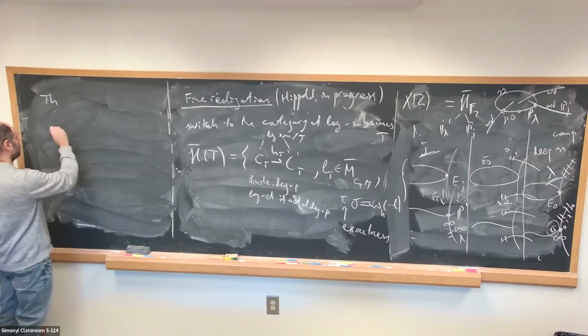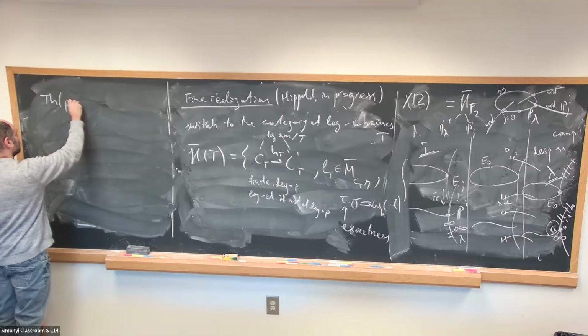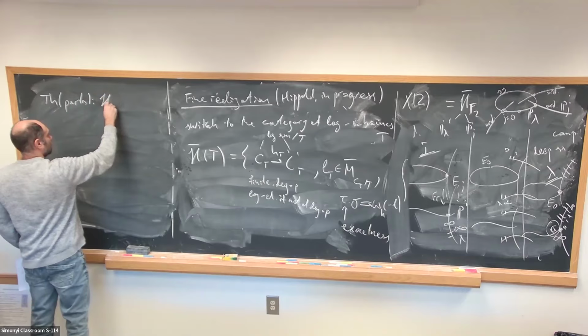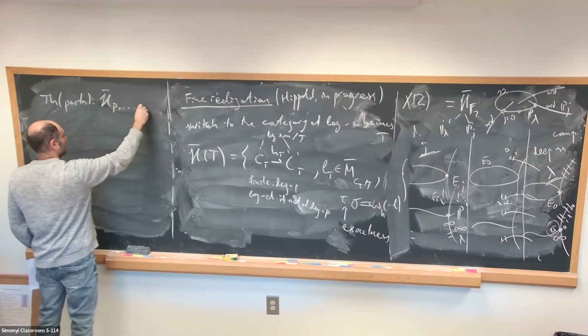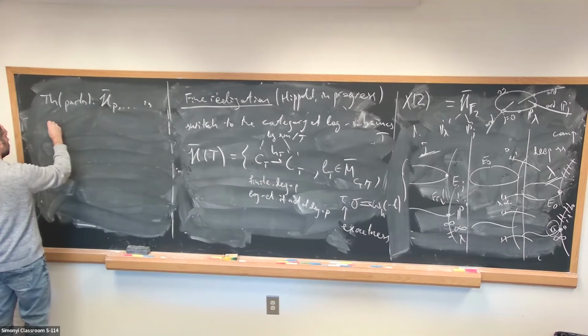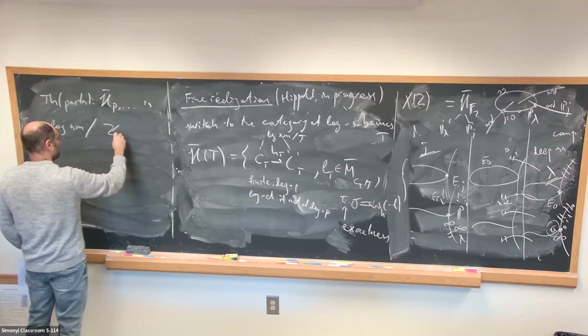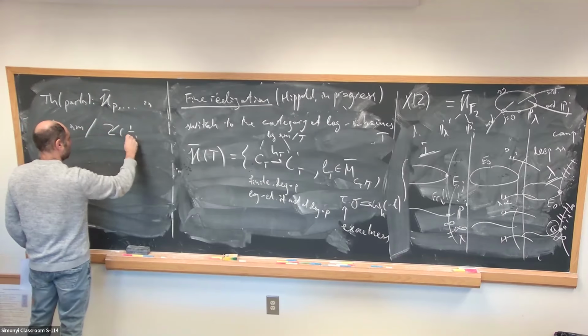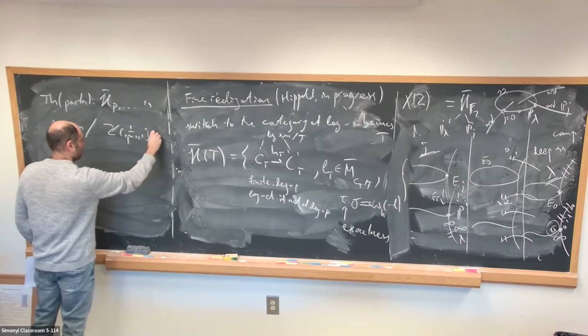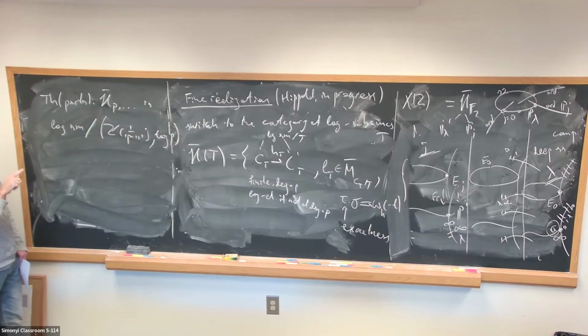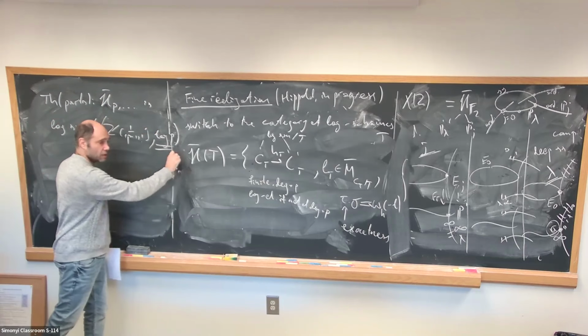What part of this is written, partially, is that this guy is log smooth over Z[1/(p-1)] with log p. So you add p to your log structure, and then you get something which is log smooth, but you must add this.